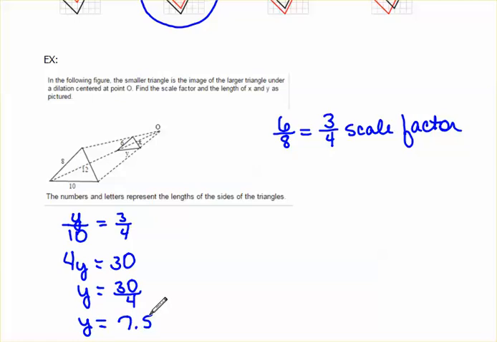Now we could also go through and use the same procedure to find x. Side x compared to side 12 has to be that same proportion of 3/4. So now when we cross multiply, we would get 4x equals 36, or x equals 9.